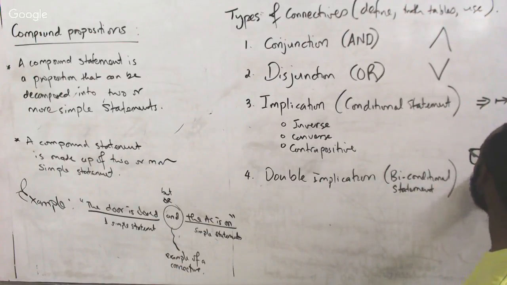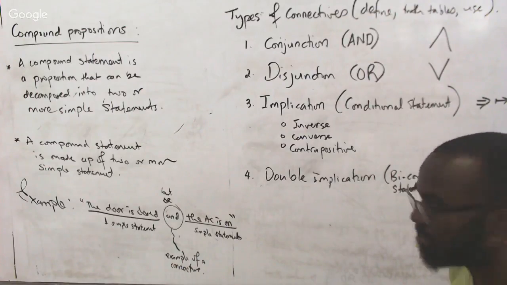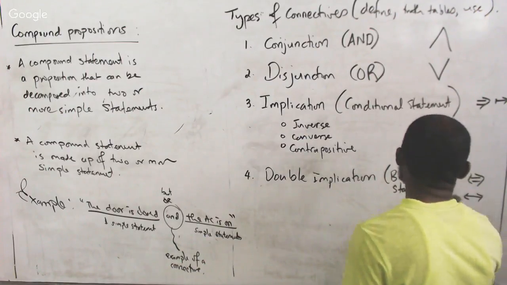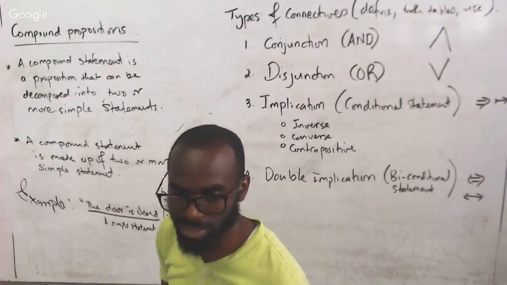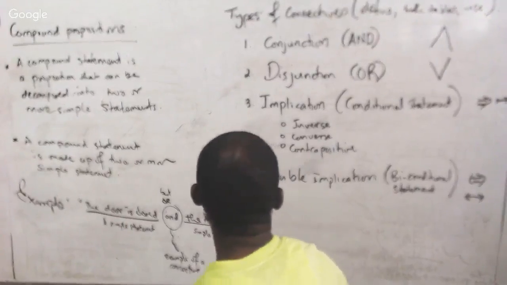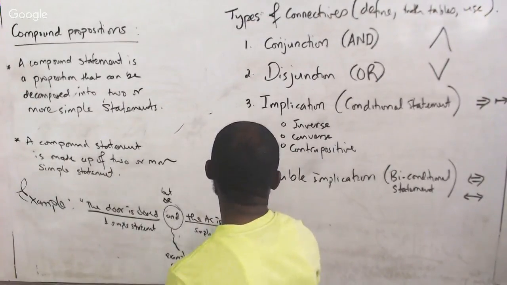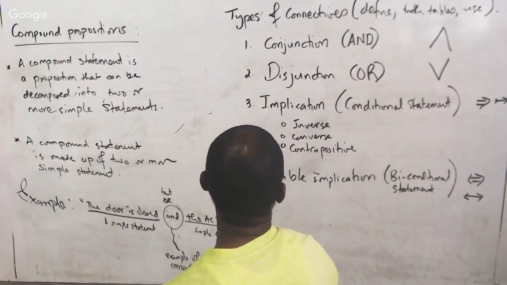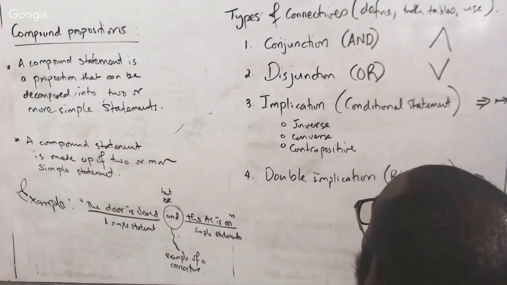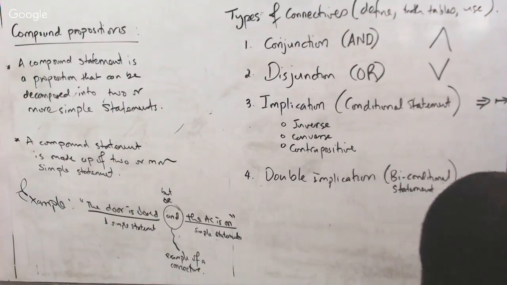And that symbol is a double-edged arrow. Conjunction, disjunction, implication, double implication.